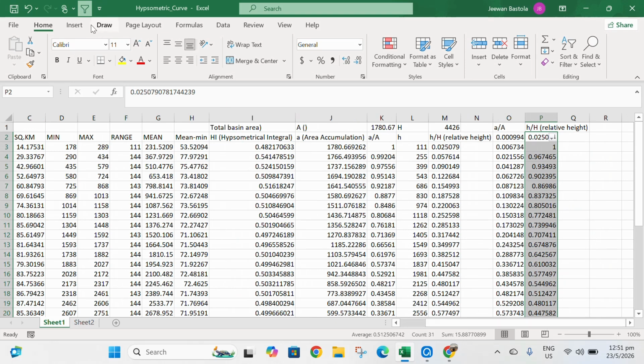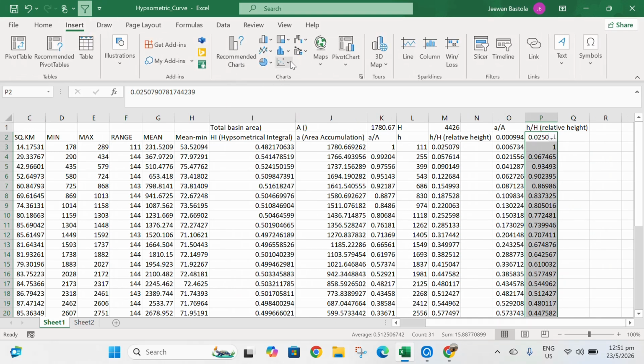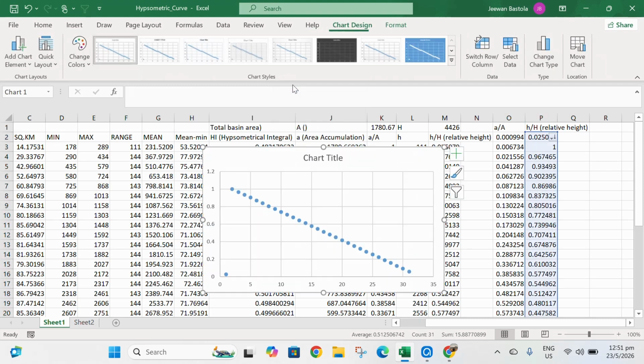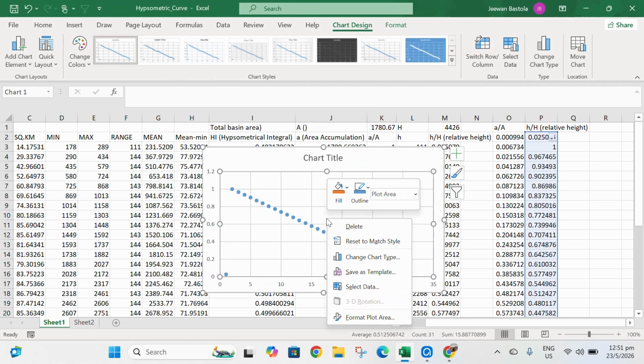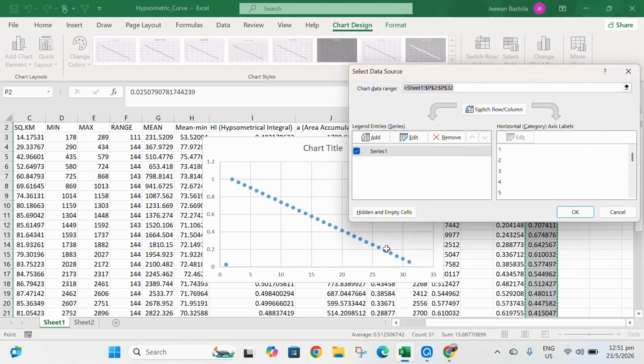Then you can go to insert and select scatter plot, right click and then select data.